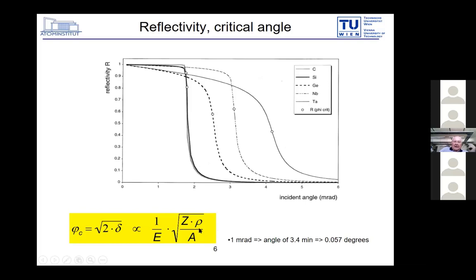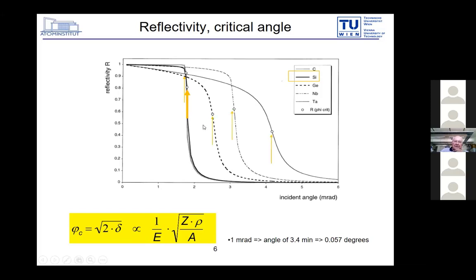So if we look at the same material, but with photons of one energy, but with different materials, we see that the critical angle is shifting. We have it here for the silicon, and the light gray one on top is the carbon. This is carbon and silicon, almost the same shape.